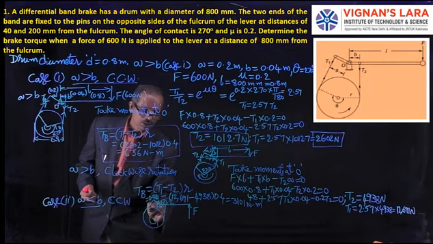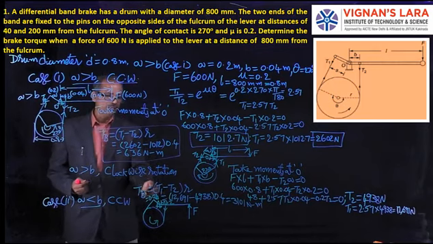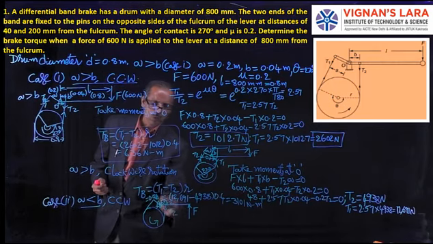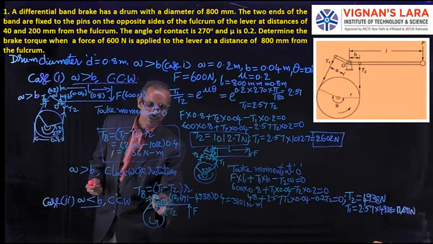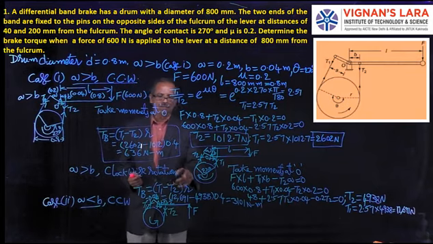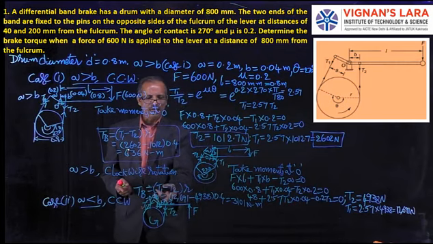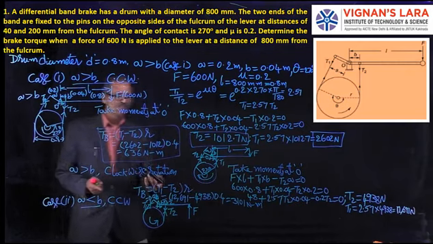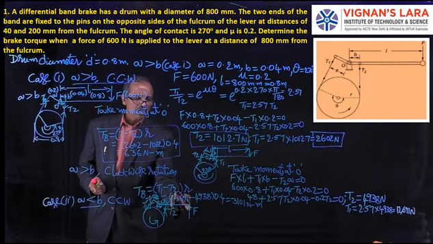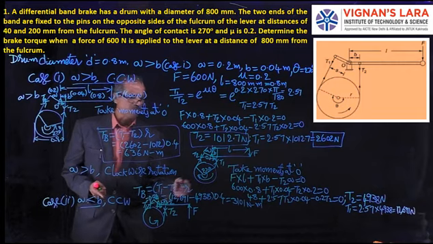Now counterclockwise rotation. So this becomes the leaving side, T2, and this is the reaching side, T1. This is L, that I am not writing here. L is the same, not changed. Now you can see F provides anti-clockwise moment, T1 provides anti-clockwise moment and T2 provides clockwise moment.